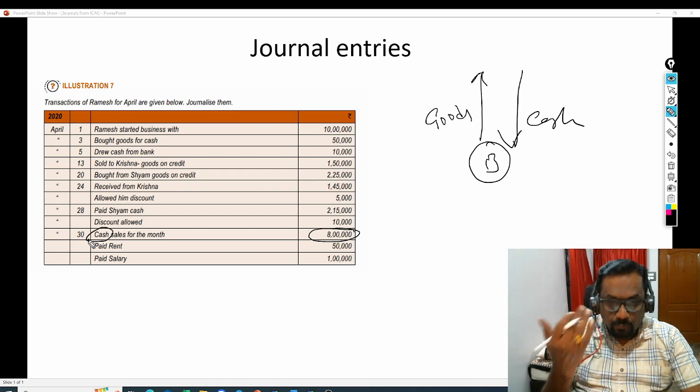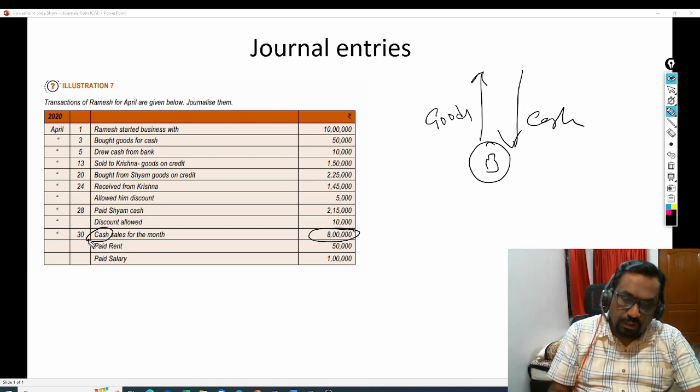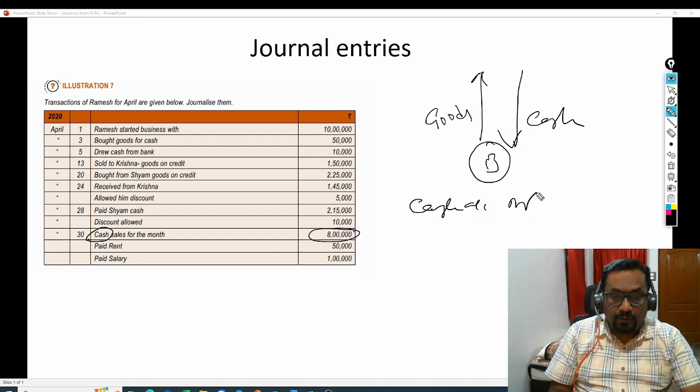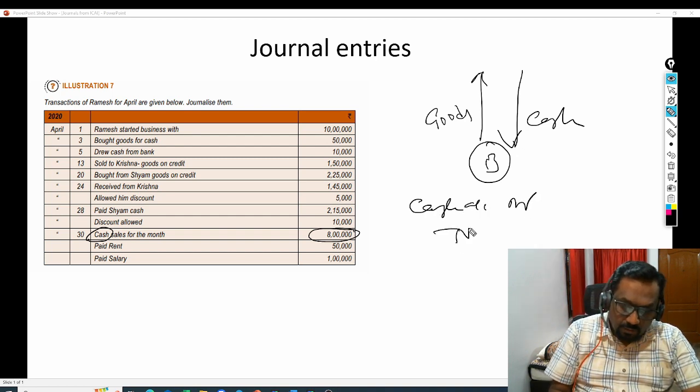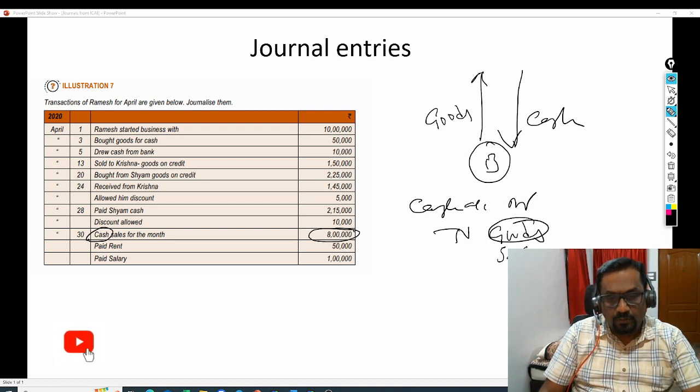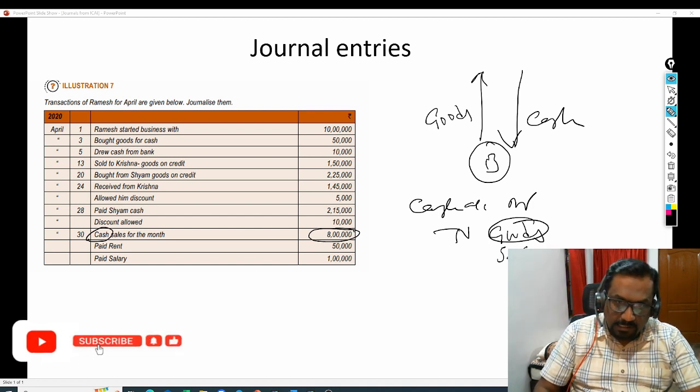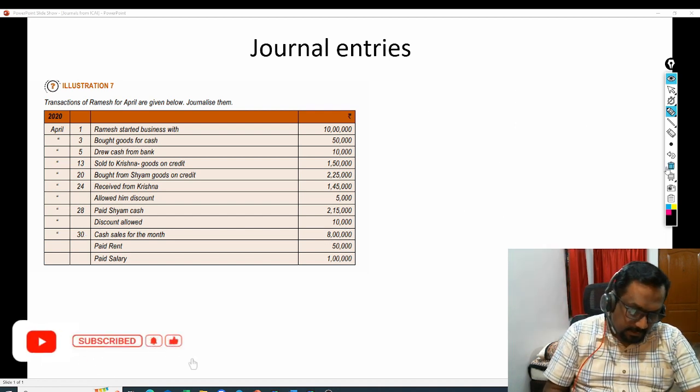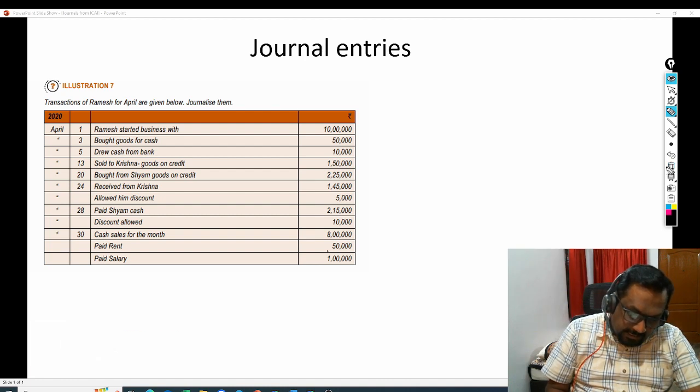Cash sales means we received cash and given goods. So what entry do we book? Right? Cash account. Cash is coming in. As per real account, you need to debit. Cash account debit to goods account, or you can say sales account. Cash account debit to sales account. Clear?